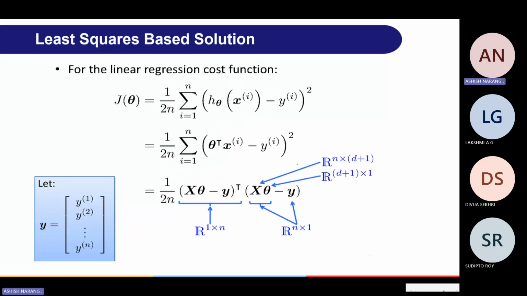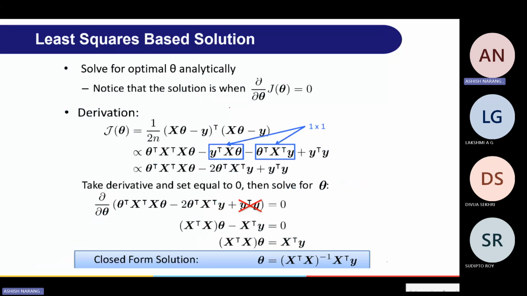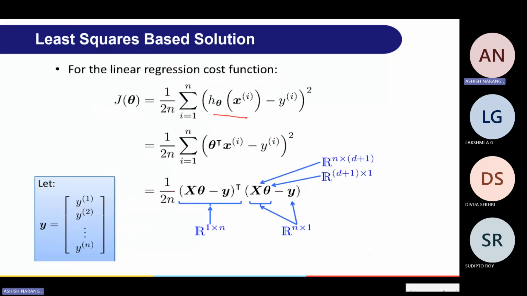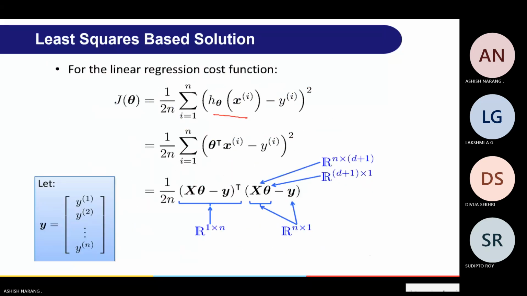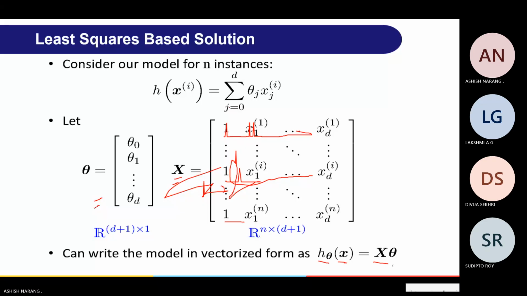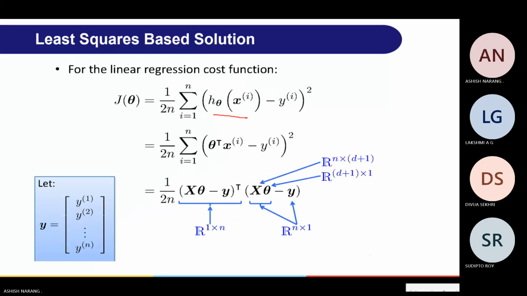And if it is giving me all the predictions, now I know my cost function is this. This we have seen. Now h theta x, I know it is this, X theta. So this is theta transpose.